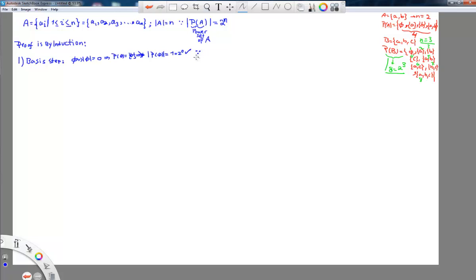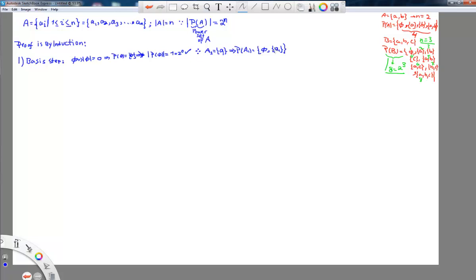Sometimes you might want to show this also with a set that's made of one element, because that would be a little bit easier and nicer to see. So I say that if my base case was a set A, and I'll call this set A sub 1, that is only made of one element, then its power set is going to be made of the empty set and the set itself.